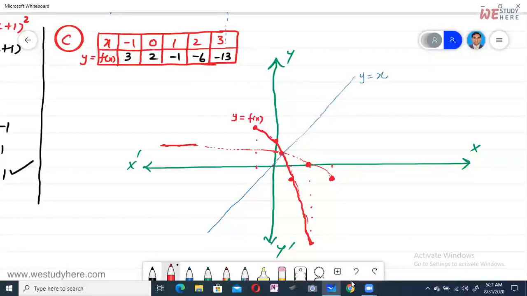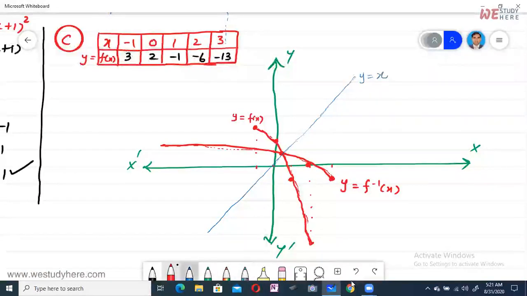In this way. This is the graph of y is equal to f inverse of x.